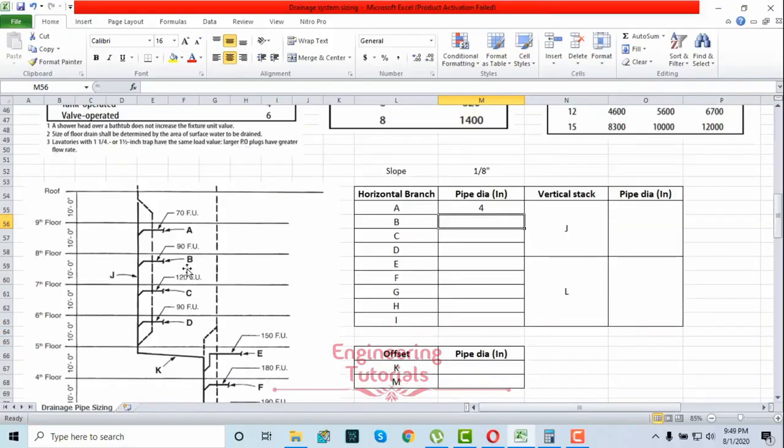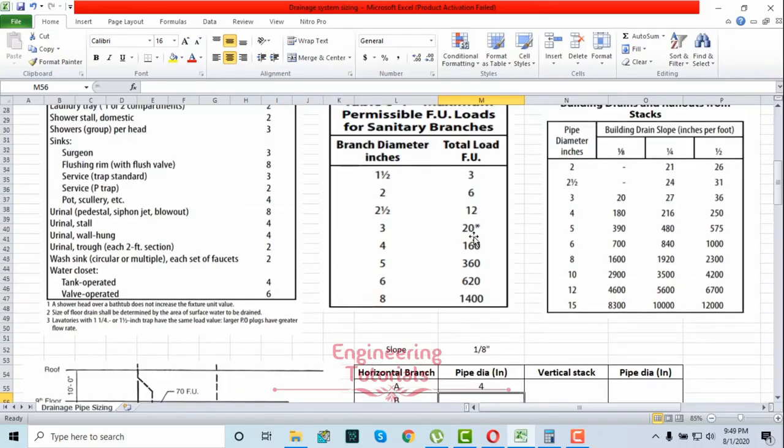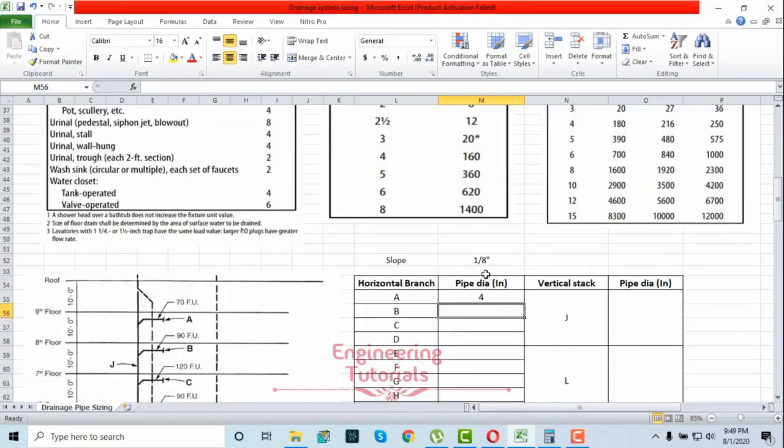And again branch B, that is 90 fixture units. 90 fixture units again come between 20 and 160 in the same table 6-4, so we'll go for the higher value, that is 4 inches.